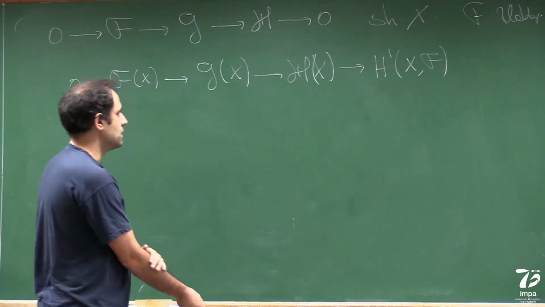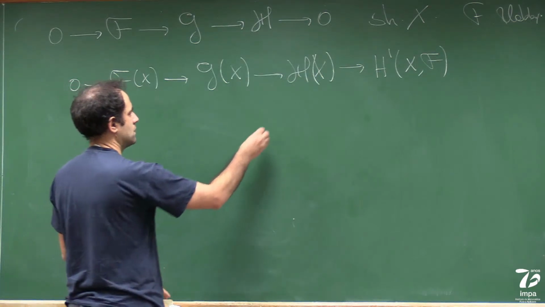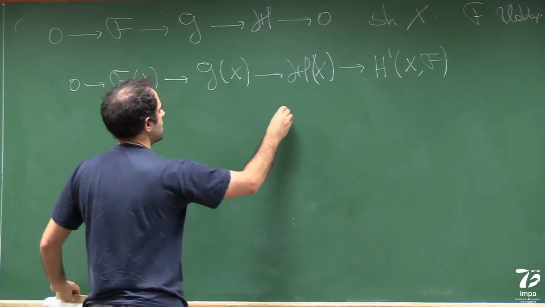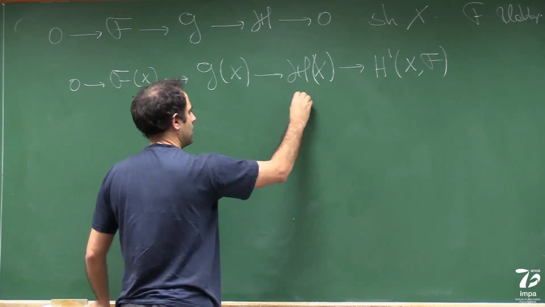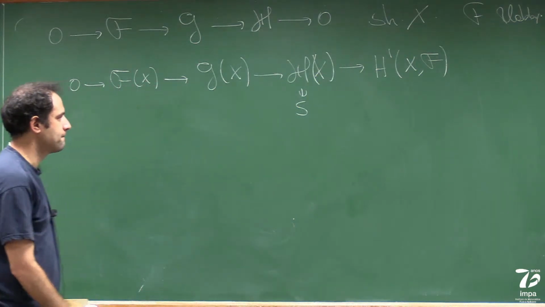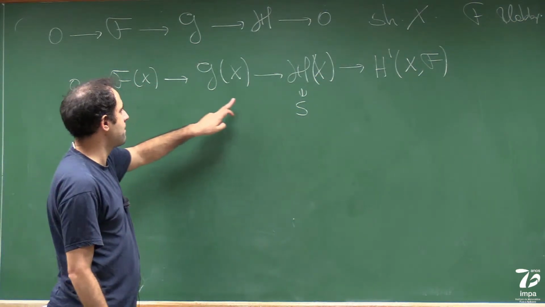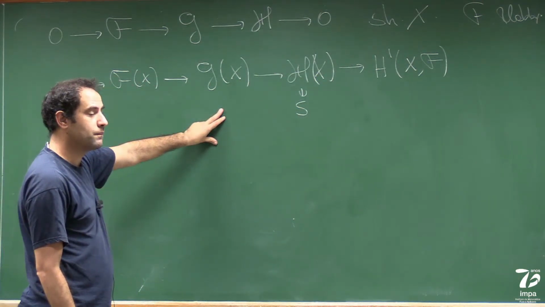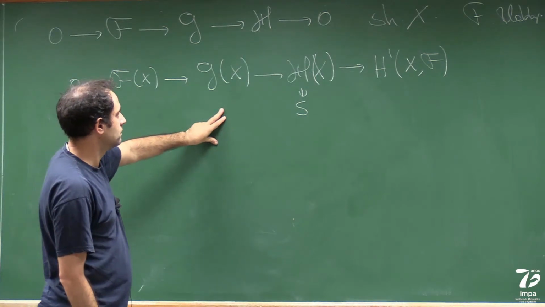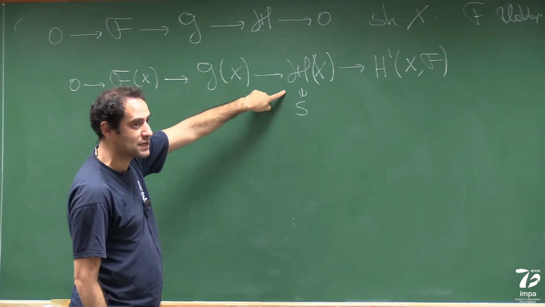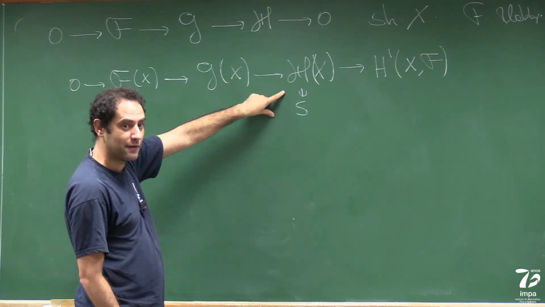And before doing so, let's suppose that we have a section here. So I cannot pull it back to G because, well, we know that the functor of global sections is not exact, it's left exact.